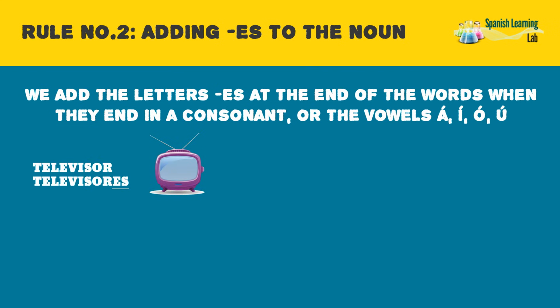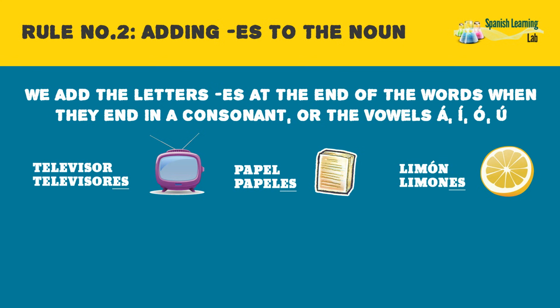This rule applies to nouns such as televisor, ending in r, or papel, ending in l, and also to words that end in a vowel with tilde, particularly a, i, o, u, but not those ending in e, such as bebé. Here are some examples of nouns that follow this rule.